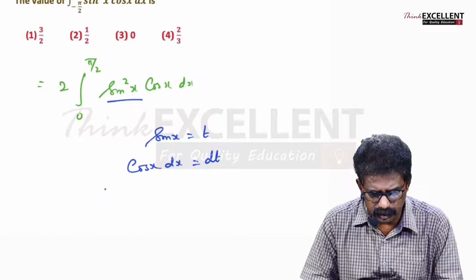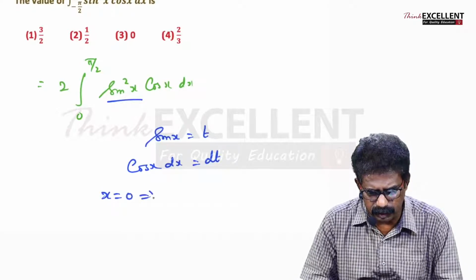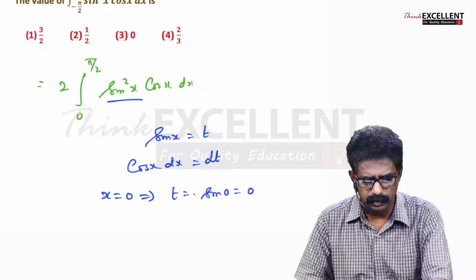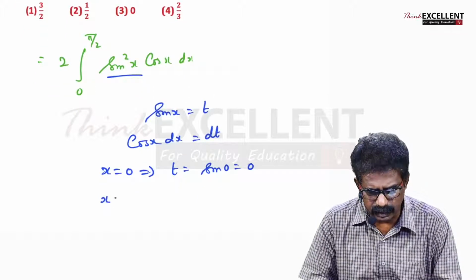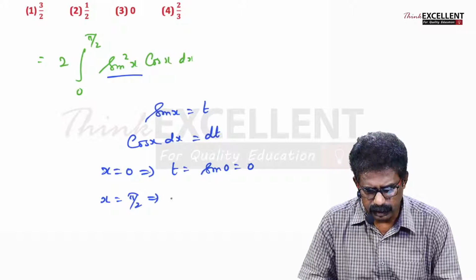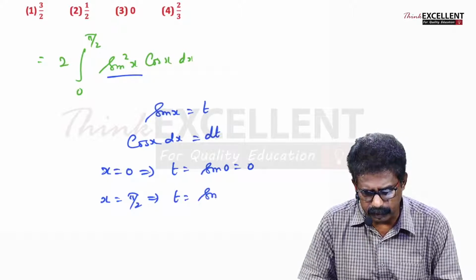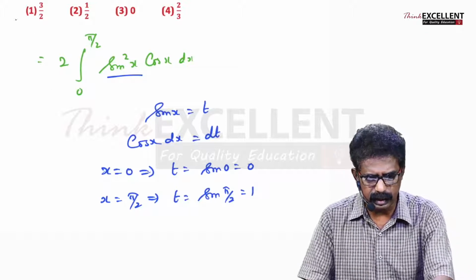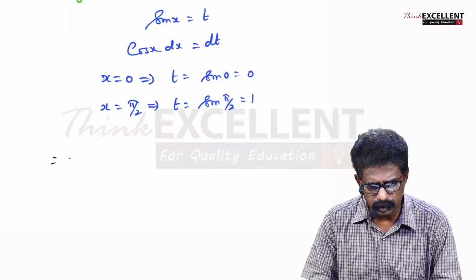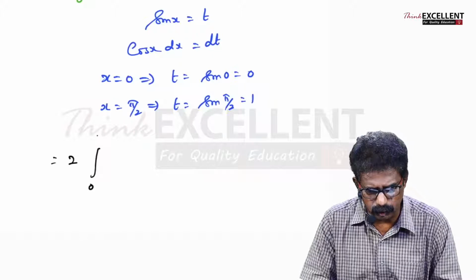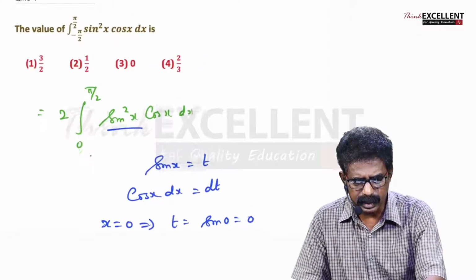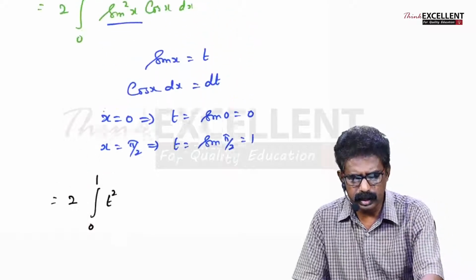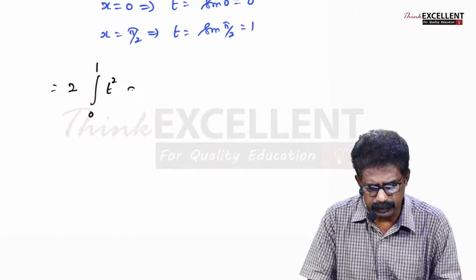So when x equals 0, t equals sine 0, which is 0. When x equals 90, when x equals pi by 2, t equals sine pi by 2. So sine 90 is equal to what? 1. So you are getting 2 into the integral from 0 to 1 of sine square x, that is t square, into cos x dx, that is dt.